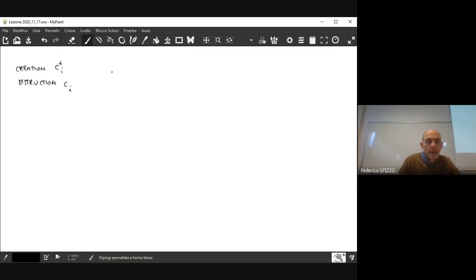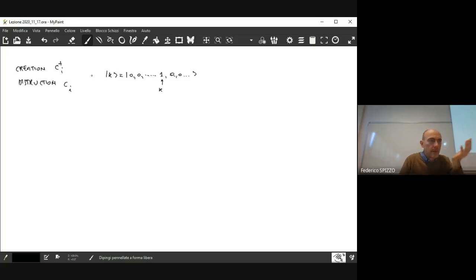And for instance, just to simplify the notation, I just write K, the state where all the levels are empty and just level K is occupied.